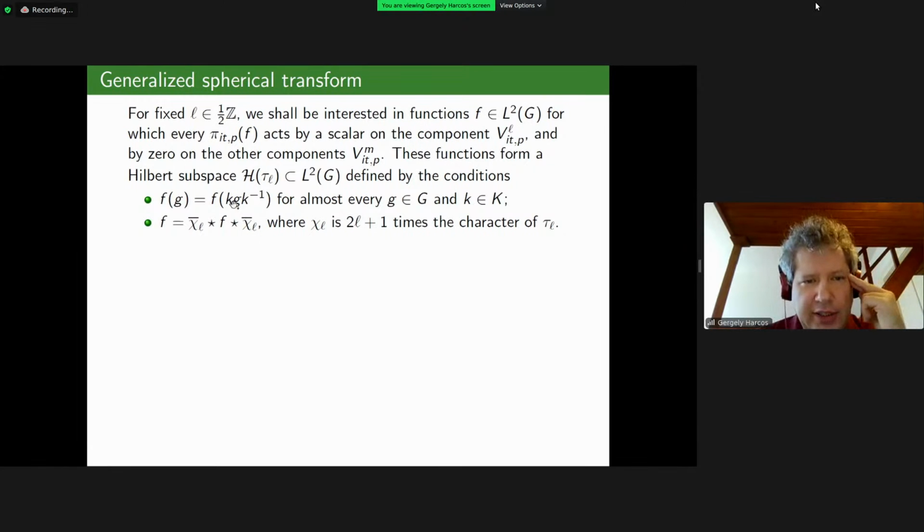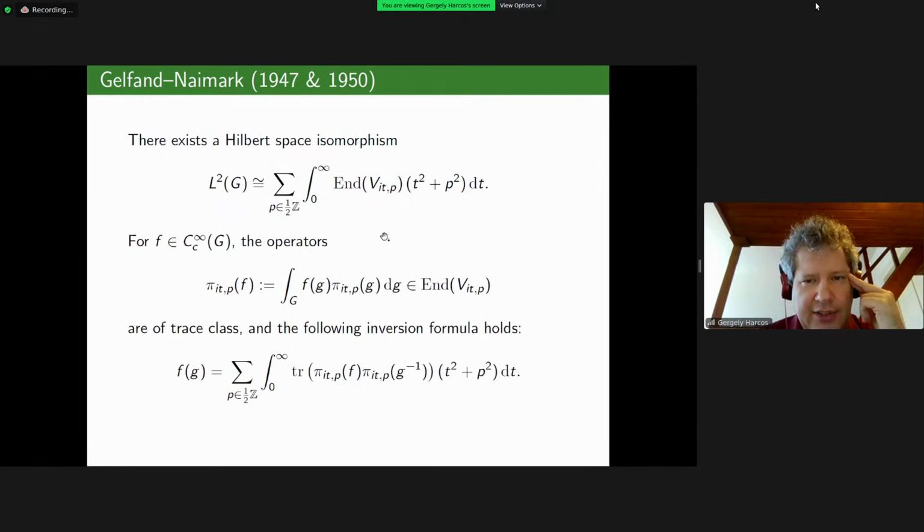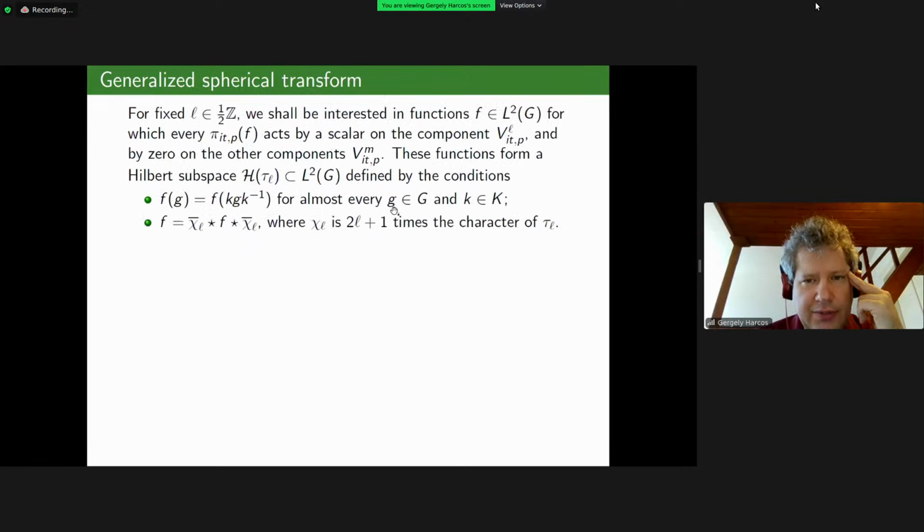So this is the function theoretic description on the left-hand side of what we want on the right-hand side.